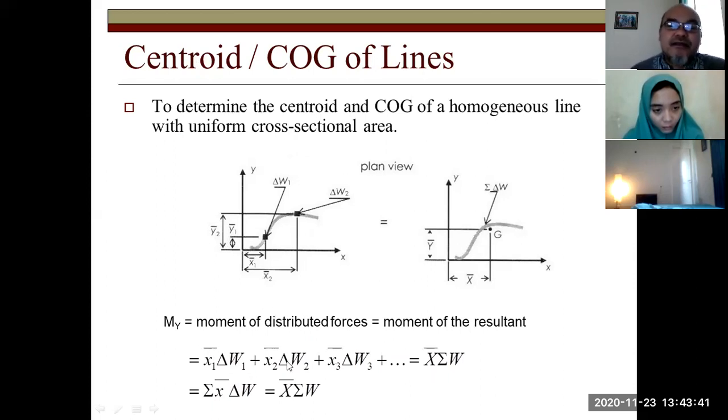So here x upper bar sigma W equals x1 upper bar delta W1 plus up to xn upper bar delta Wn.